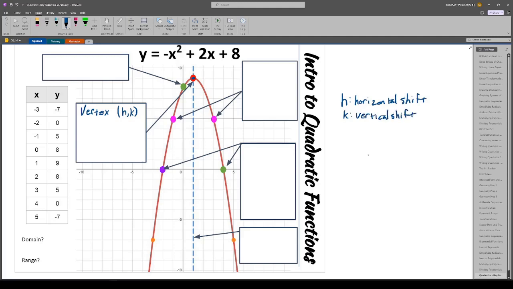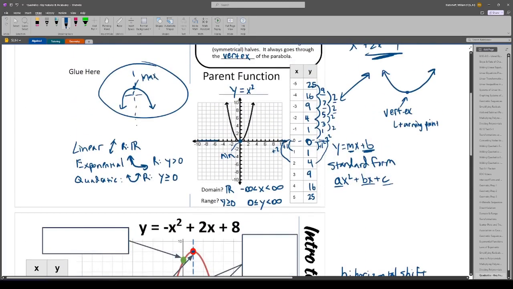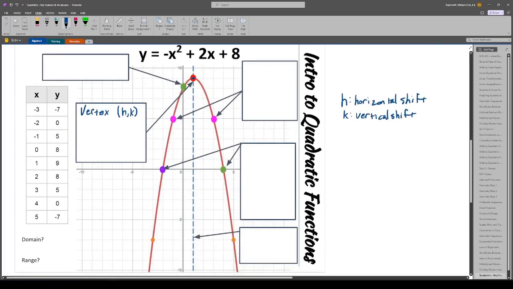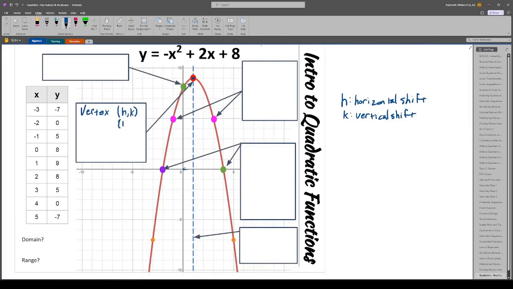So h and k are telling us how the graph has translated relative to the parent function, because we saw up here that our vertex originally started at 0, 0. Wherever it is now is how far the whole graph has moved to the right and up. In this case, our coordinates are 1, 9. So we have a horizontal shift of 1 and a vertical shift of 9.